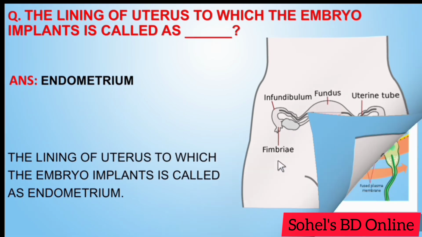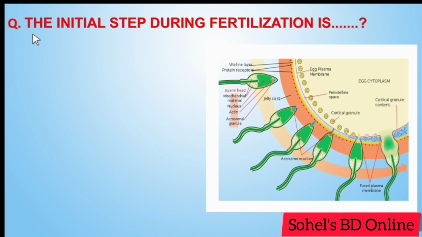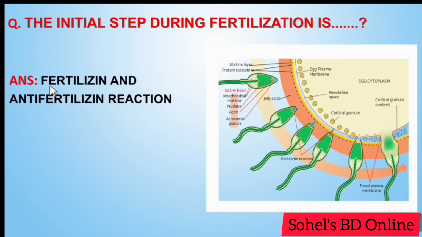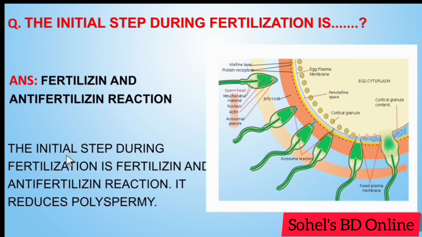Next, the initial step during fertilization is dash. Answer: fertilizing and anti-fertilizing reaction. The initial step during fertilization is fertilizing and anti-fertilizing reaction. It reduces polyspermy.